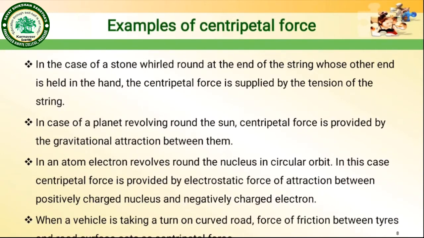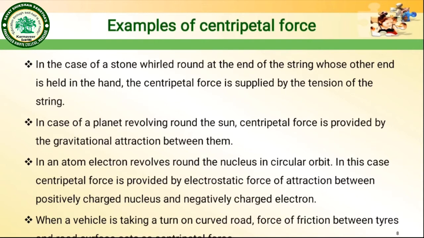Here are some examples of centripetal force. Suppose a stone is whirled round at the end of a string, whose other end is held in the hand. The centripetal force is supplied by the tension of the string.